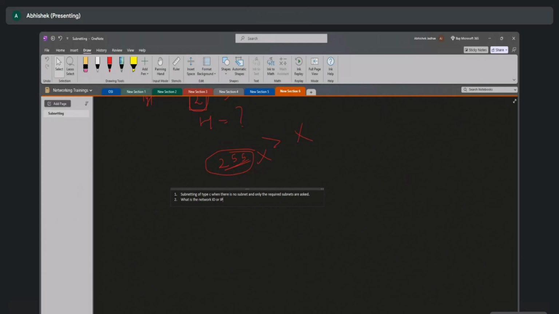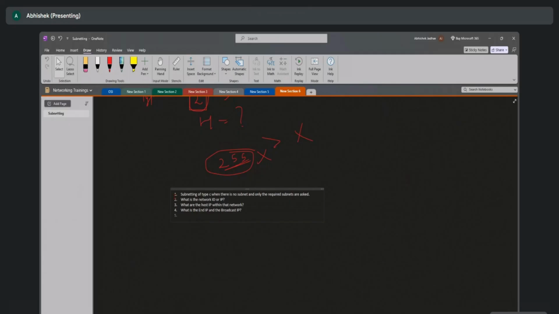Don't get confused, it's the same. Then what are the host IPs within that network. That's also we have done. What is the end IP and the broadcast IP.